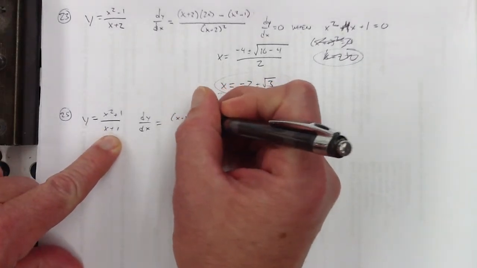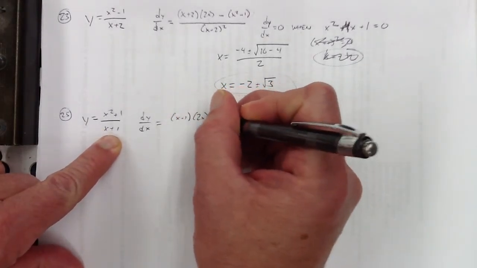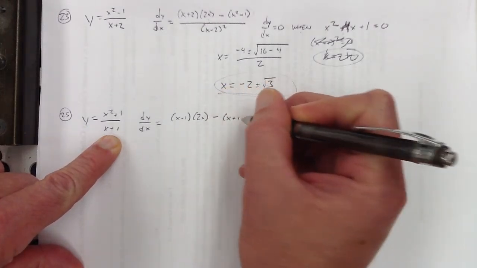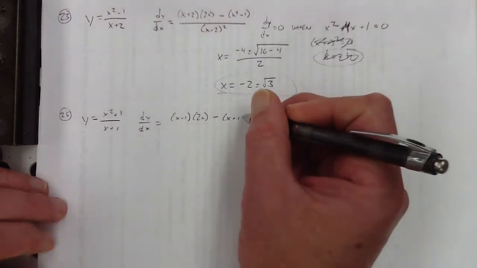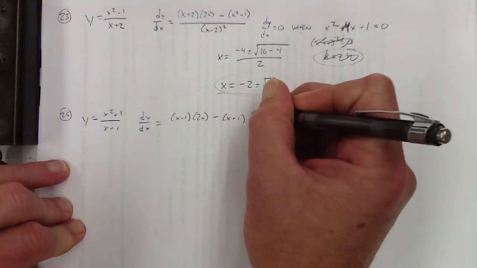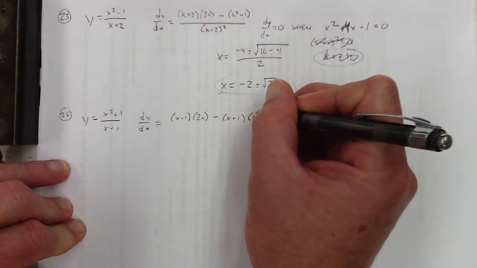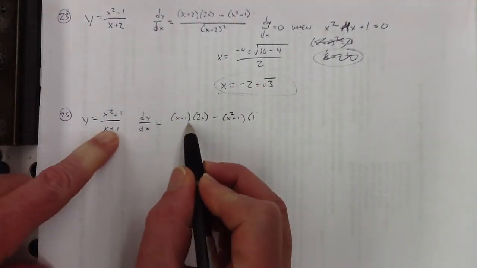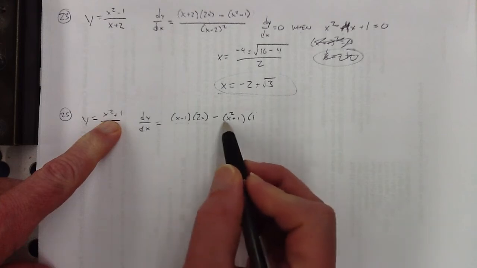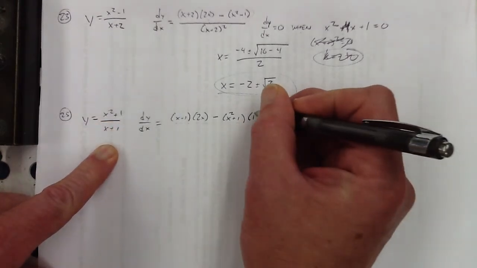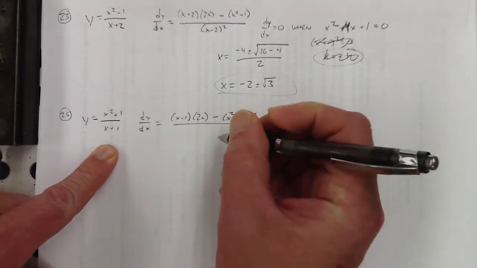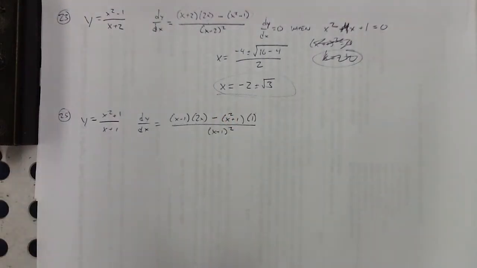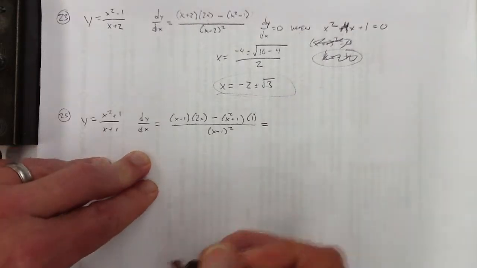Low d high minus high d low. Oops, high. Let me check that. Low d high minus high d low. Okay, I'm good now. Over low, low.